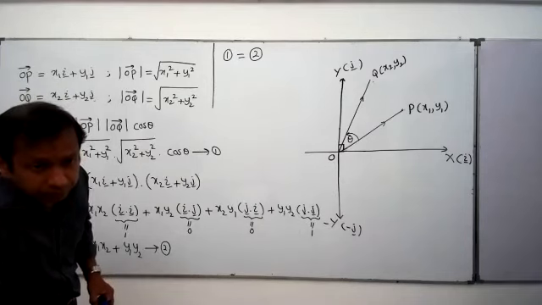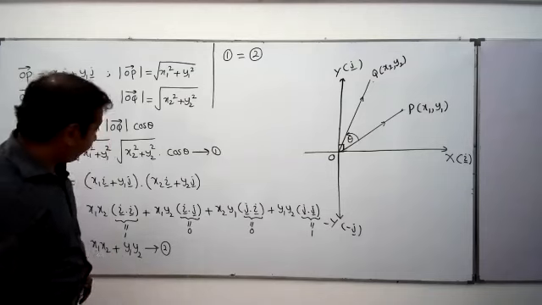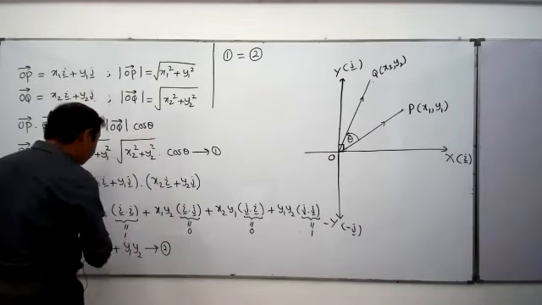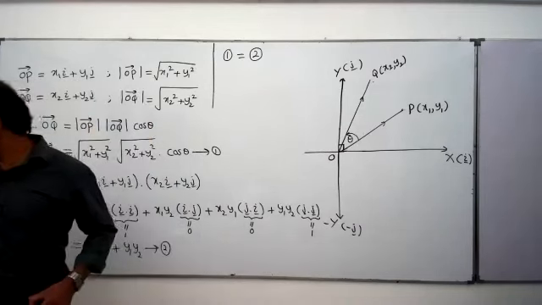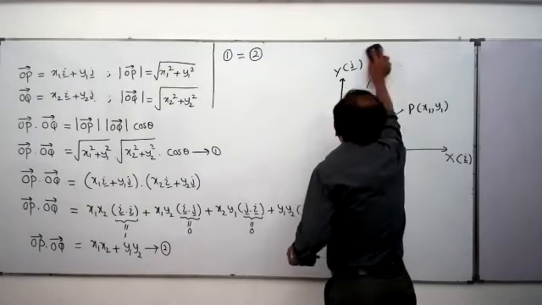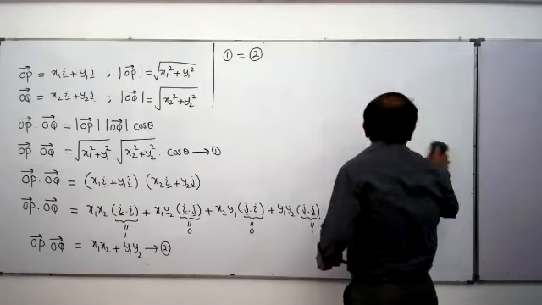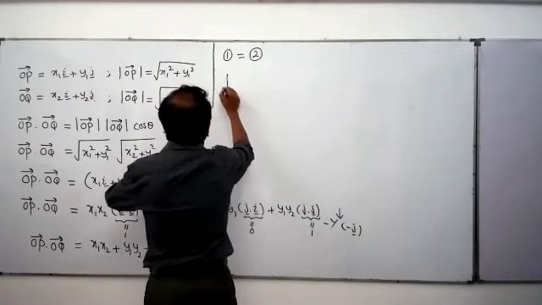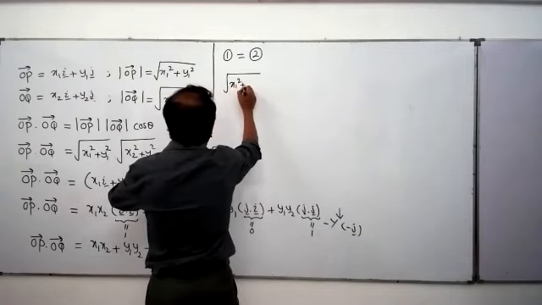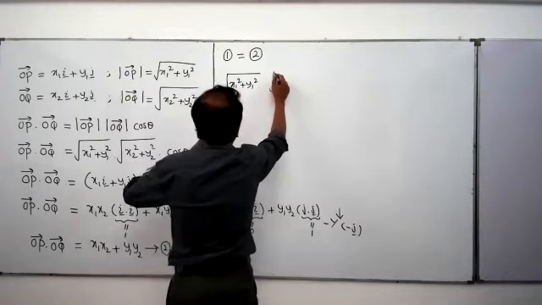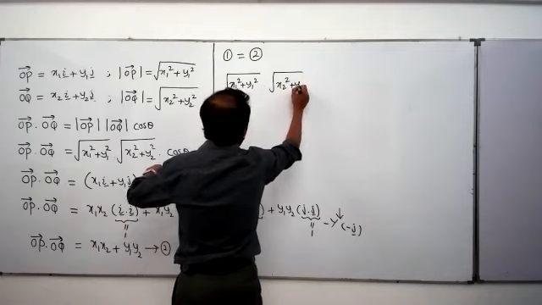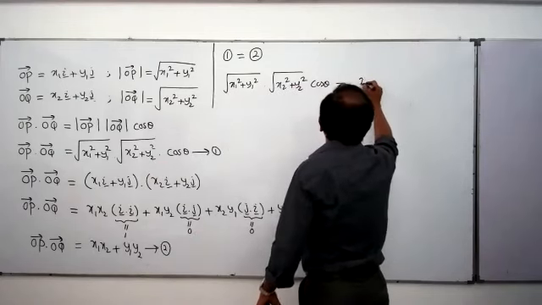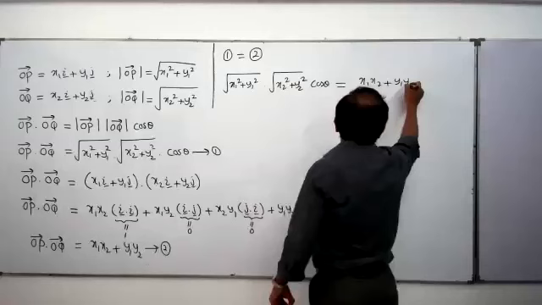Then we can write: the square root of x1 squared plus y1 squared times the square root of x2 squared plus y2 squared, times cos theta, is equal to x1 x2 plus y1 y2.